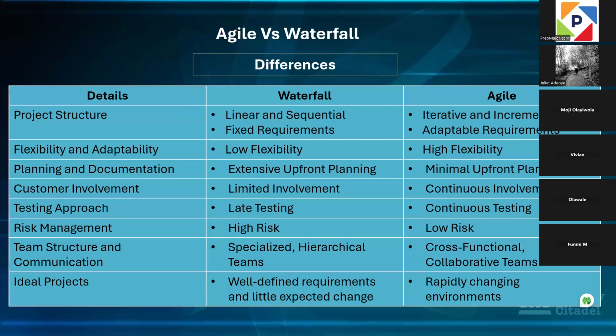And then when you look at the team structure and communication, in waterfall, it's specialized and it's a hierarchy. Waterfall follows a rigid structure, with separate roles. The analysts will come, they do what they need to do. The designers come, they do what they need to do.